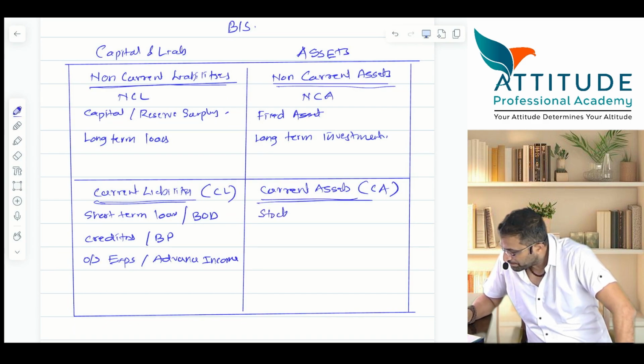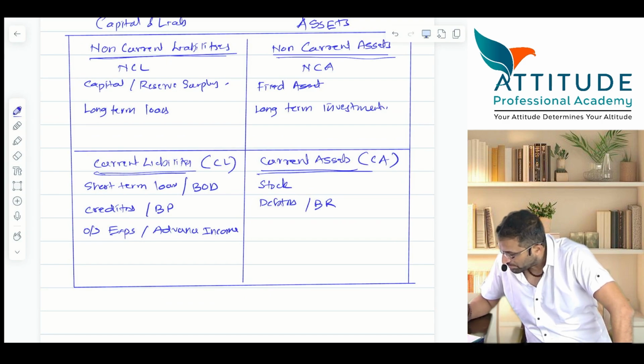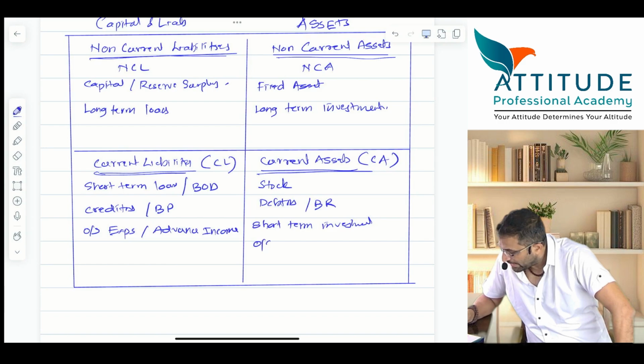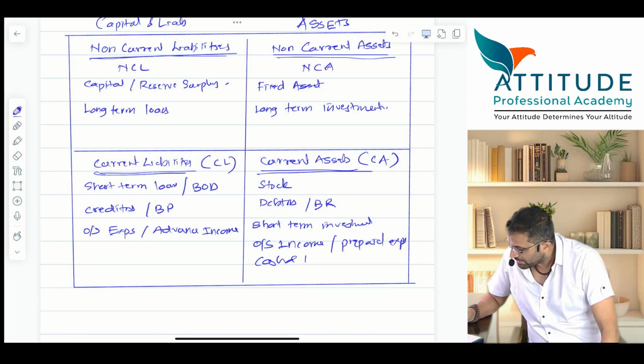Stock, debtors, bills receivable, short-term investments. Correct. Then outstanding income and prepaid expenses. Cash and bank. Correct.